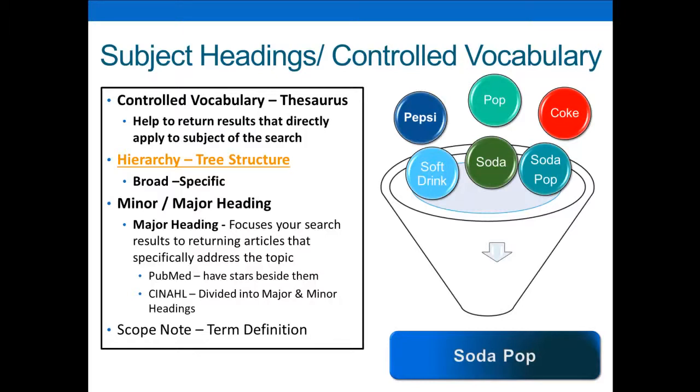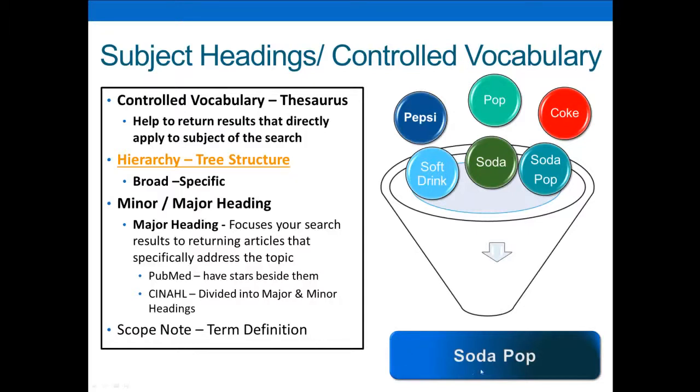Now, if you were doing a thorough keyword search, you would have to use all of these terms in order to ensure that you got everything on that topic. Whereas when you use a controlled vocabulary, when someone reads this article and is trying to tell you what it's about, they will see any of these 6 terms and say, okay, if these terms are being used and they're discussing this, we're going to categorize them all under soda pop.